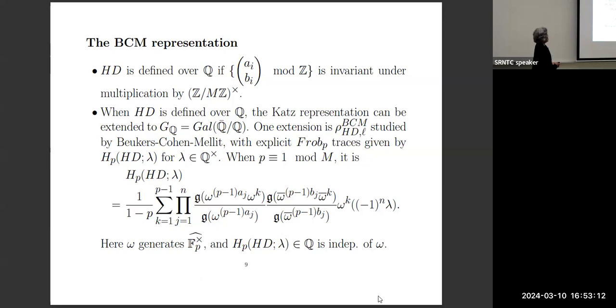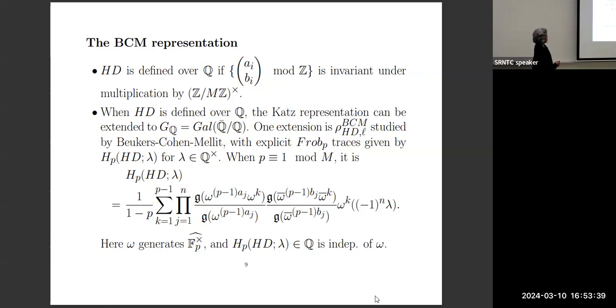The Gauss sum has a multiplicative character and an additive character, and there is an independent choice of additive character. For the multiplicative character, we use the fact that the group of characters of the multiplicative group of FP is cyclic, so we just choose a generator and express all the other characters as a power of this character.